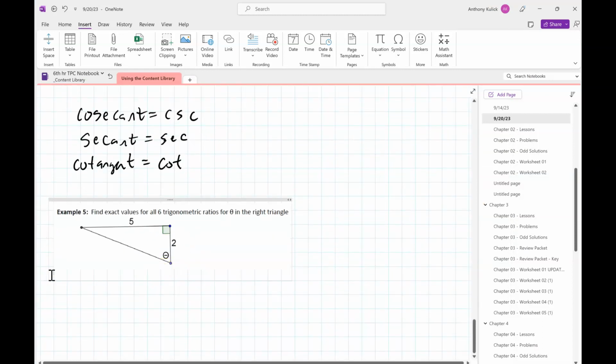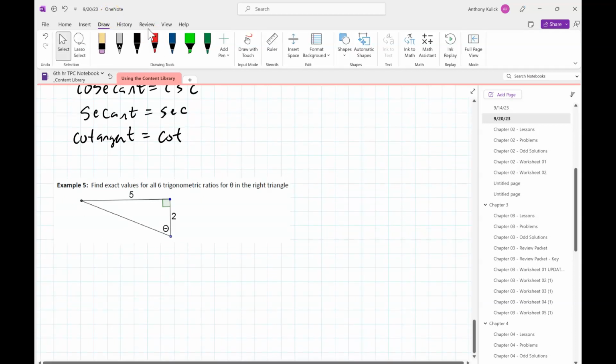So suppose we're asked to find the exact value for all 6 trig ratios for the theta in the right triangle given below. Okay.